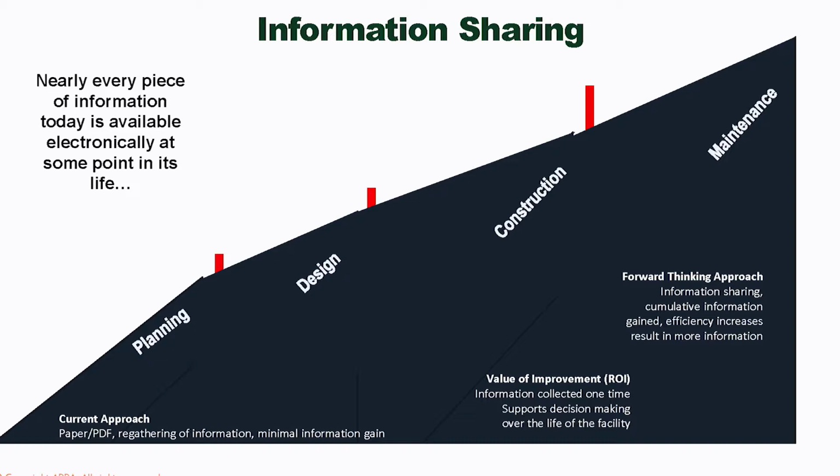These gaps here represent our current paper approach and the valleys and the loss of information that we don't transfer over to each of the individual groups. What we would like to do, because every piece of information is electronic, is move to where the information builds upon each other and is able to be carried on.